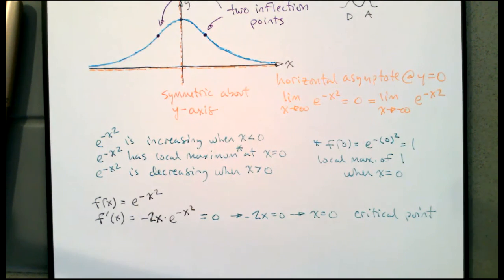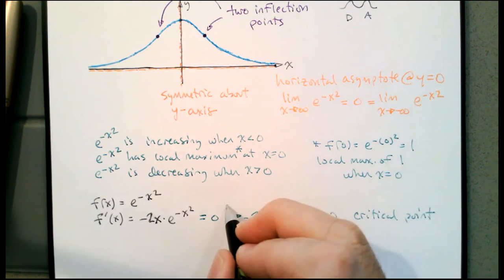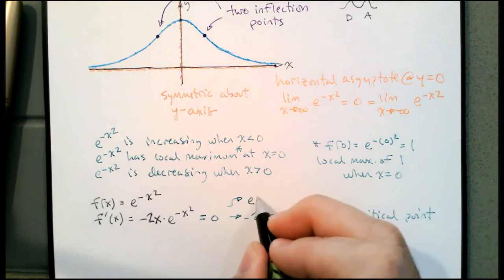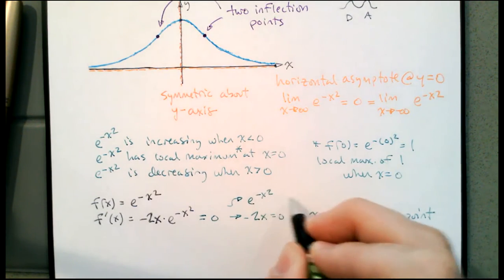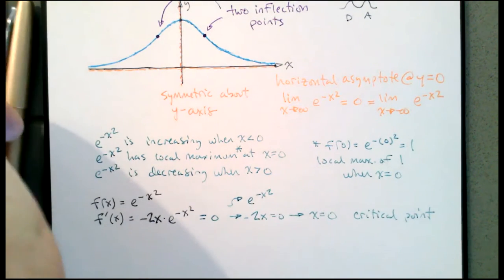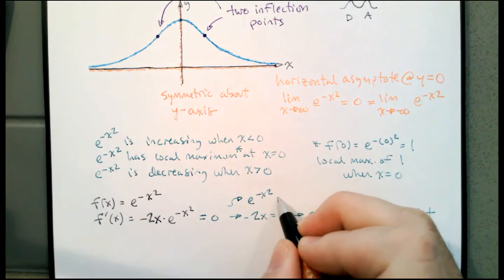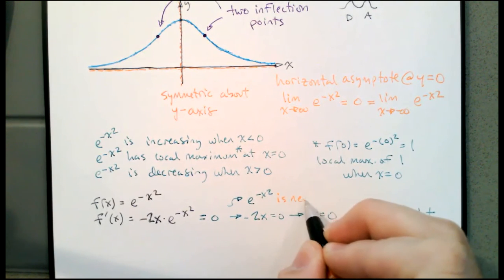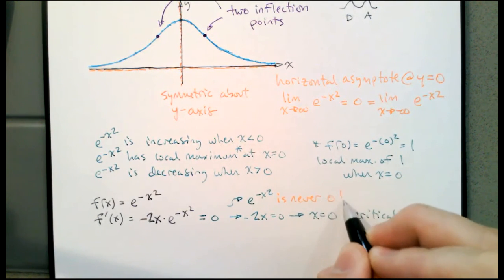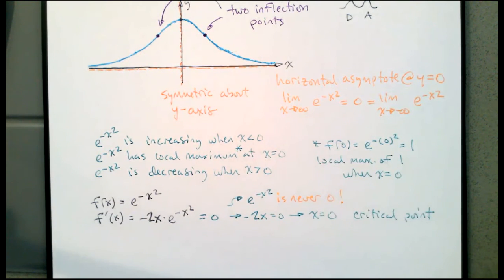Notice that e to the negative x squared is never equal to 0. So the e to the negative x squared factor is never 0.